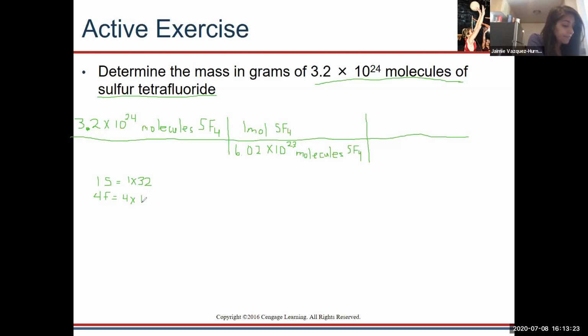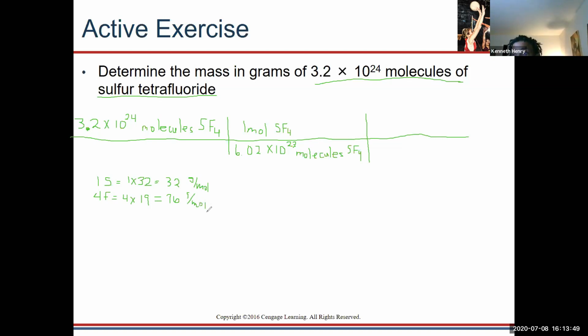And then that's going to be 108.06 grams per mole. Is it just grams?